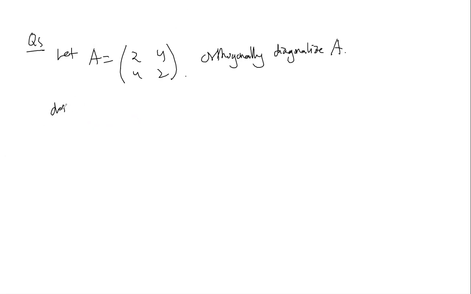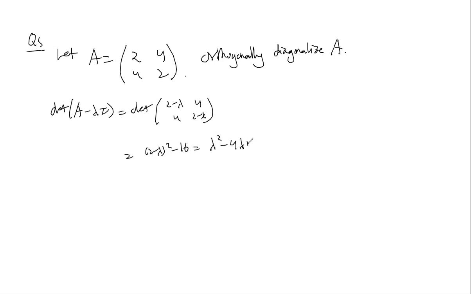Okay, so determinant. I'll just do this one a little quickly. Get the determinant of 2 minus lambda, 4, 4, 2 minus lambda, which equals... Okay, so 6 and -2.